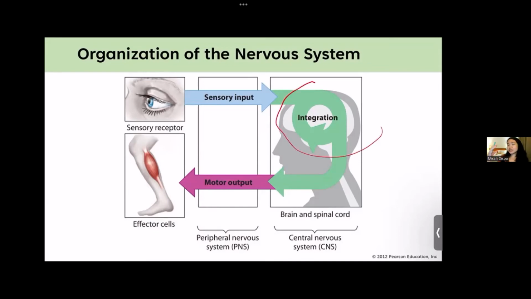And from our central nervous system, commands will be relayed to our motor division in our peripheral nervous system or our efferent division. And this will command in motor output towards our effector cells. And our effector cells, again, these can be your muscles or your glands. So basically, this is just a very simple summary of the nervous system.